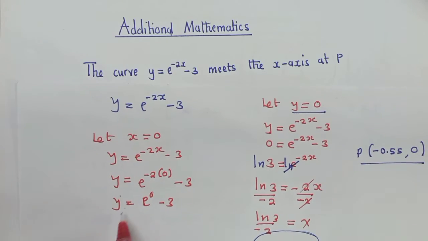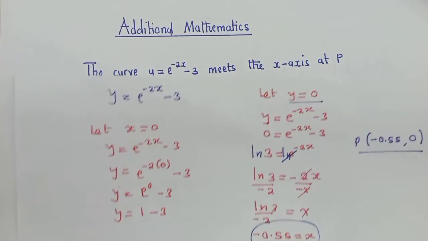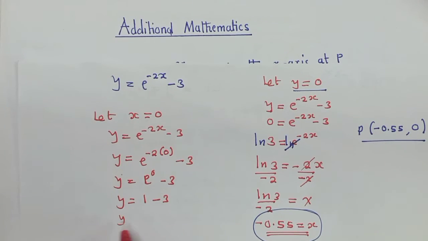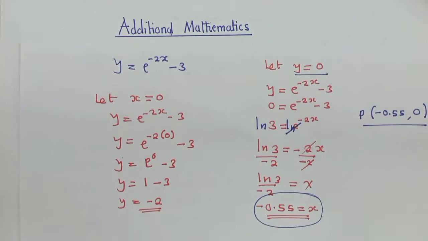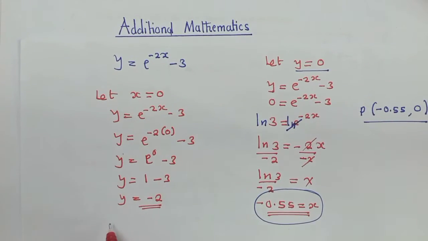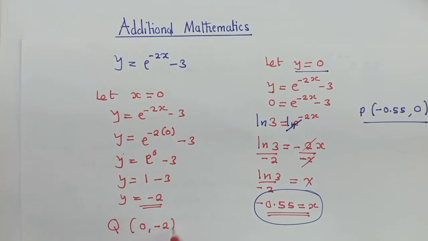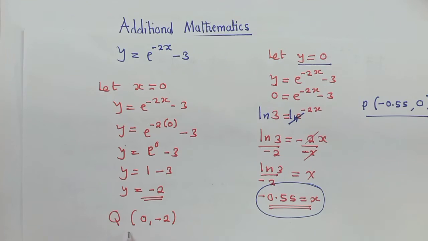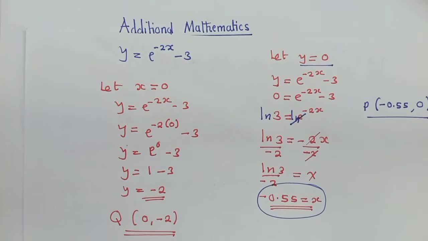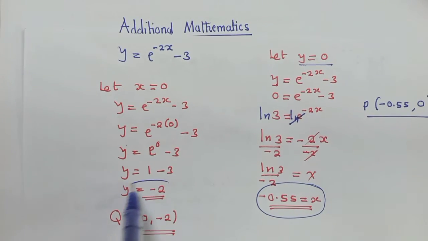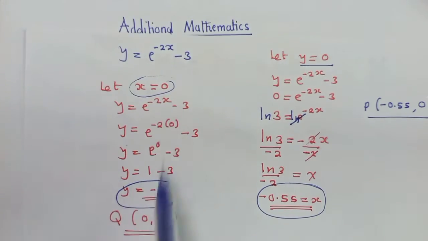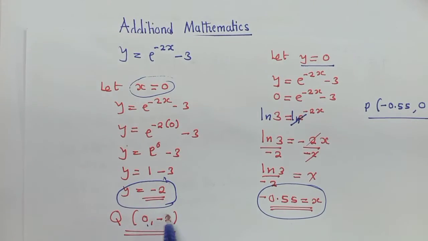So we shall have 1 minus 3, which will give us a negative 2 right here. Meaning point Q is 0, comma, negative 2. The 0 is coming from right here, and this 0 and negative 2 is right here.